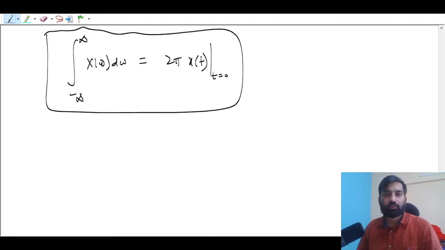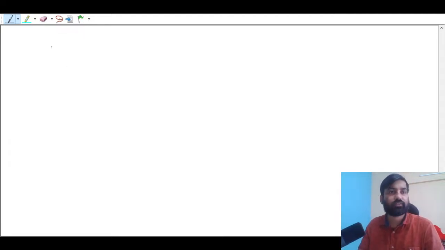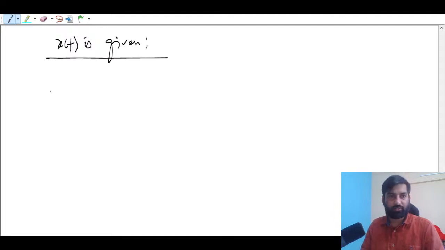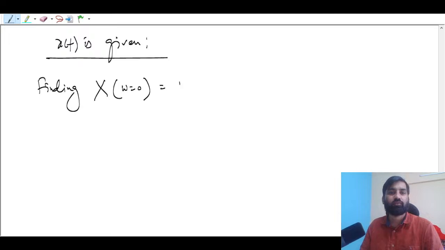Okay, so this is one of the important facts, please do remember that. Suppose the time domain signal x(t) is given and they are asking for the spectrum at omega equal to 0, or you can say X(f) at f equal to 0.